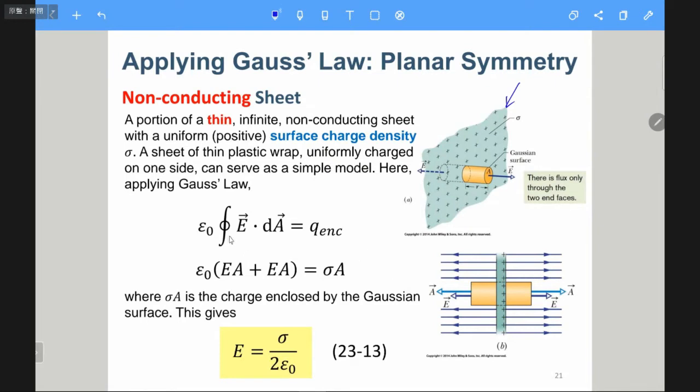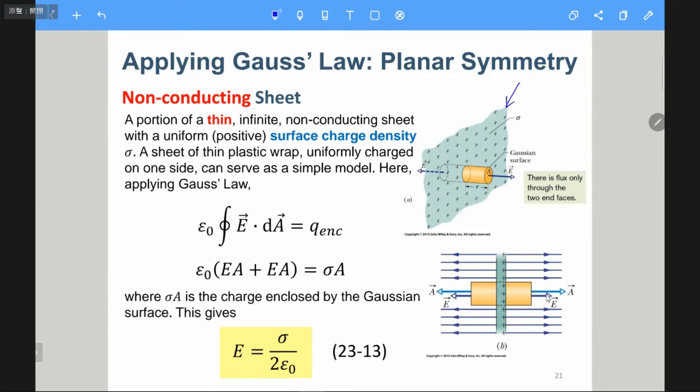So we apply the Gauss law for this Gaussian surface. For this end, the area vector points to the right side, and for this end, the area vector points to the left side, and so does the E field.